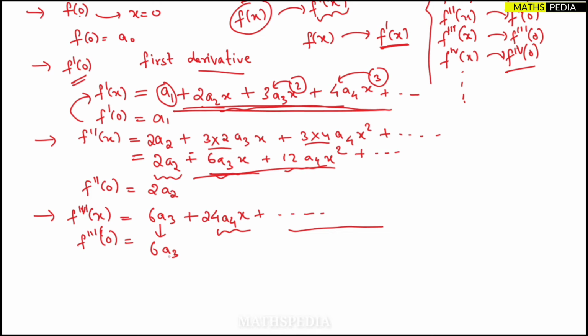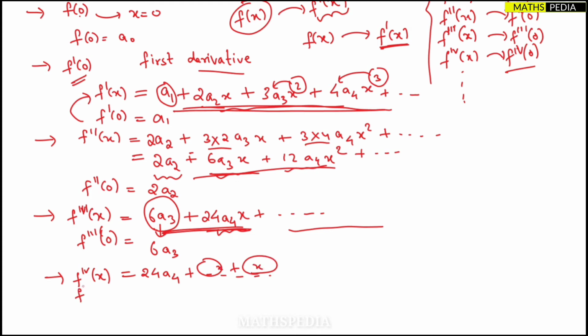Let us go for one more derivative, the fourth derivative, the final one we will do. So I have to differentiate this one, this one is constant, 0, 24a4 is left out, plus so on, and all the rest of the terms will have x.